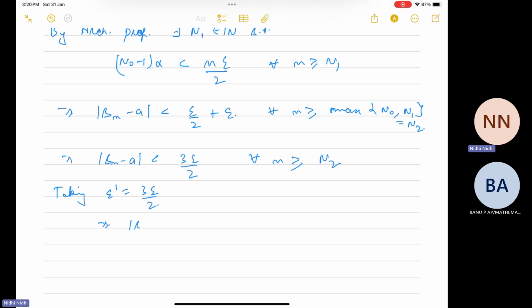So from here we get mod Sn minus a is less than epsilon dash for every n greater than or equal to n2, where this epsilon dash is positive.